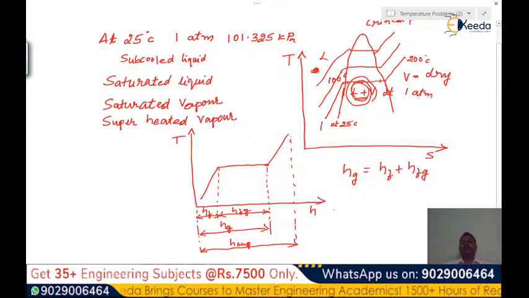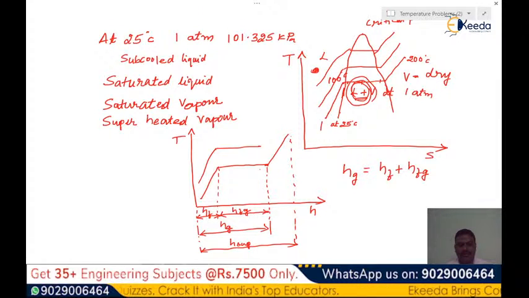And now, if that particular steam is wet steam, let us assume it is heated up to here and it is stopped here, but there is some wet content. In that case, we will have a concept called dryness fraction.